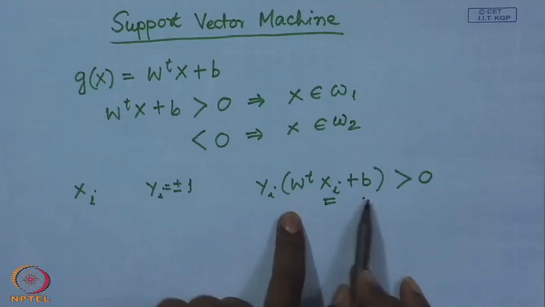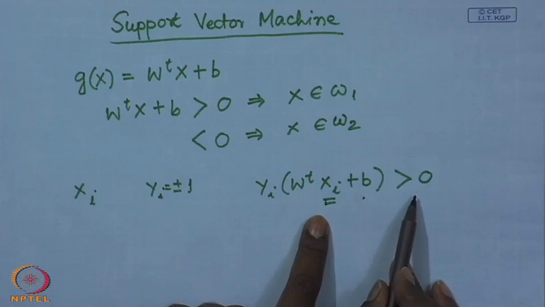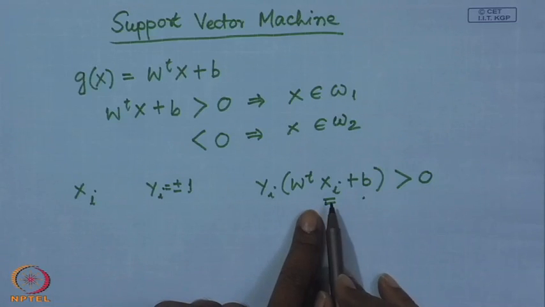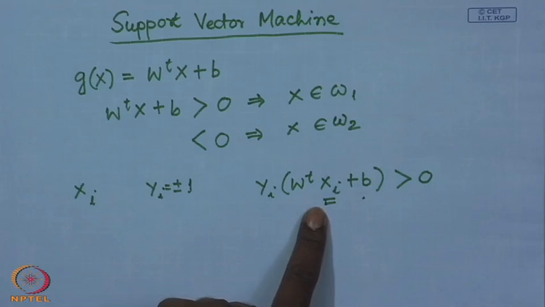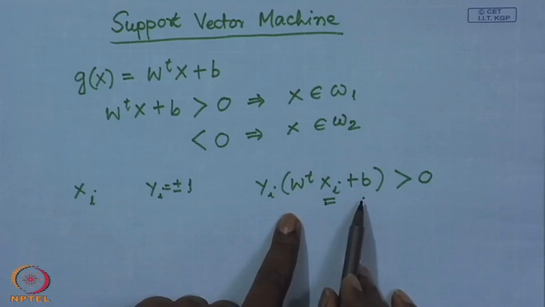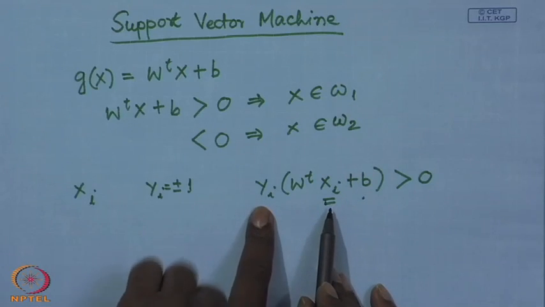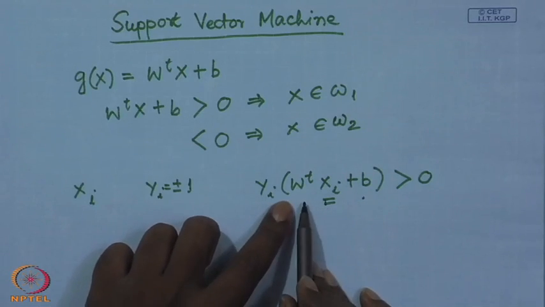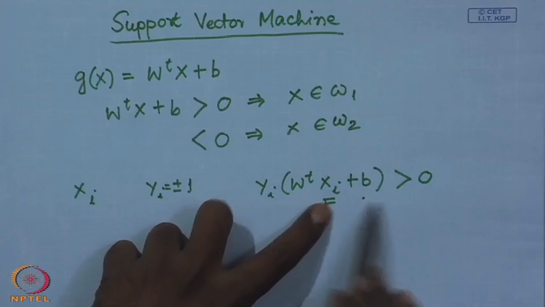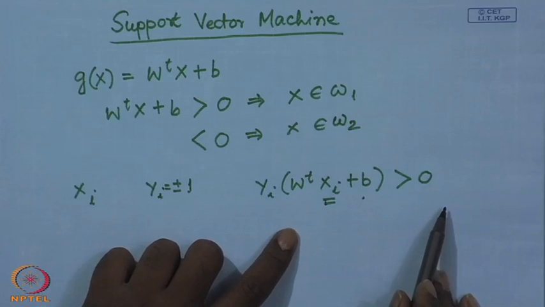So, y i times this will obviously be greater than 0. If x i belongs to class omega 2, then w transpose x i plus b will be less than 0, and for that I have set y i equal to minus 1. So, minus 1 times w transpose x i plus b will obviously be greater than 0.